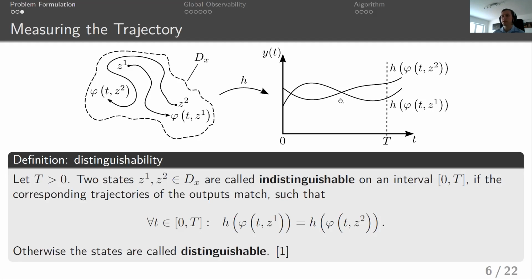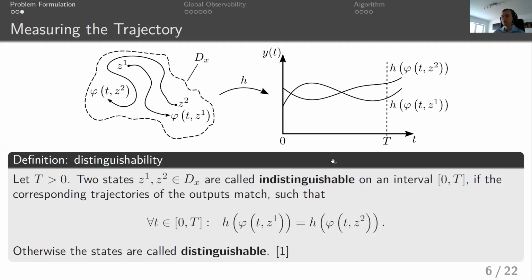This gives a definition: let t be bigger than 0. Two states Z1 and Z2 out of a set are called indistinguishable on an interval if the corresponding output trajectories match, that is, the output trajectory is equal for all t. Otherwise, these states are called distinguishable. In the case shown, these two states are distinguishable because we can distinguish the outputs.